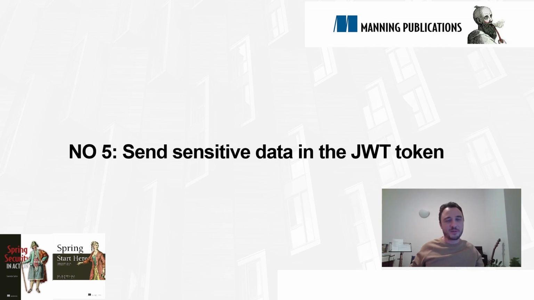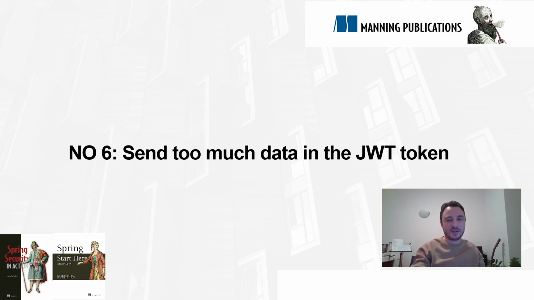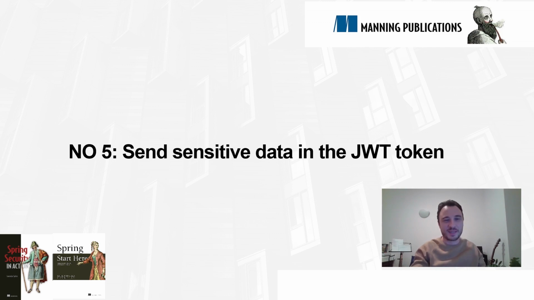I really forgot I had this point here. I thought I had considered it with number 6. But it's a good point, so that's probably why I separated it when I wrote the presentation, because it's important. Be aware of adding sensitive data in the JWT token itself.